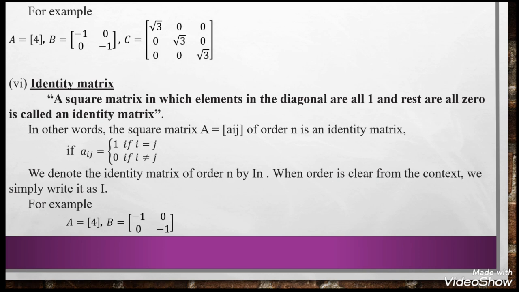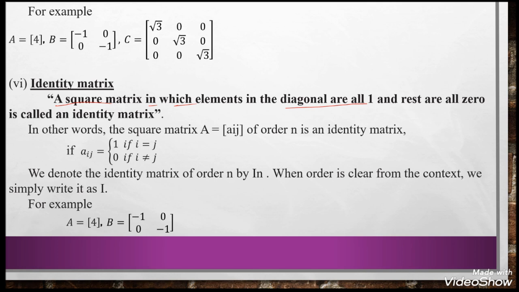A square matrix in which all the diagonal elements are 1 and all the non-diagonal elements are equal to 0 is called an identity matrix.